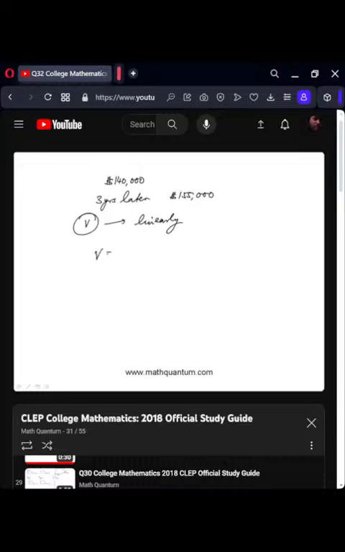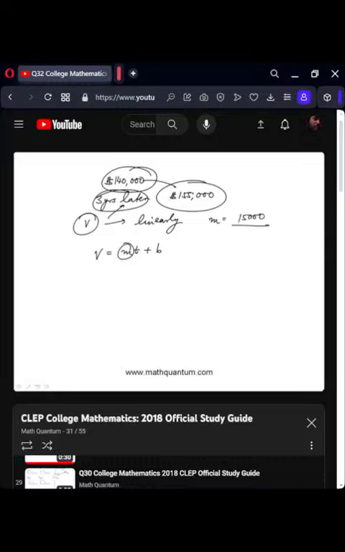So we can use the linear model mt plus b, and we can find the slope from the fact that after 3 years change in time the price goes from 140,000 to 155,000, so the slope would be this difference, 15,000, divided by the change in time, or 3, so this would be 5,000.